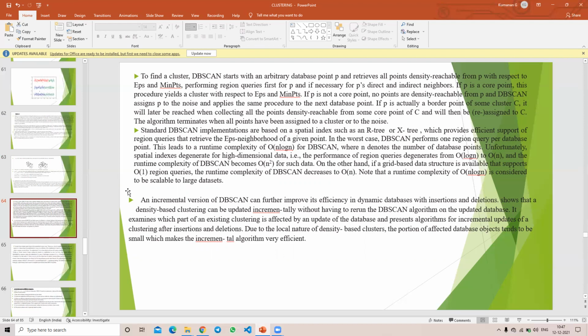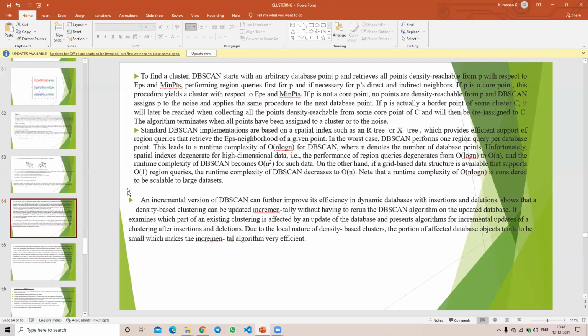Standard DBSCAN implementations are based on a spatial index such as an R-tree or X-tree, which provides efficient support of region queries that retrieve the EPS neighborhood of a given point. In the worst case, DBSCAN performs one region query per database point. This leads to a runtime complexity of O(n log n) for DBSCAN, where n denotes the number of database points.